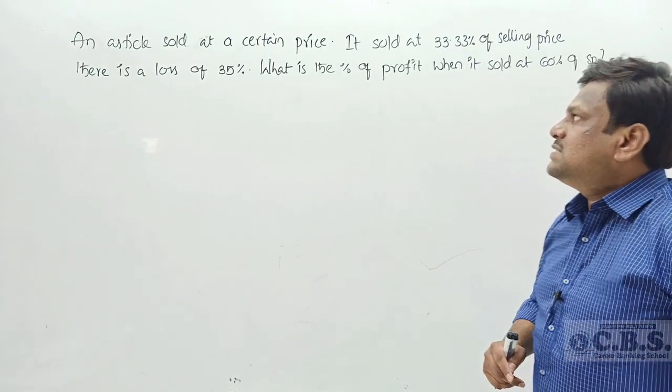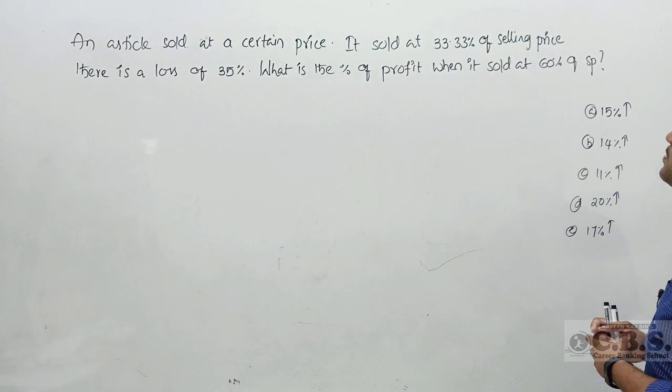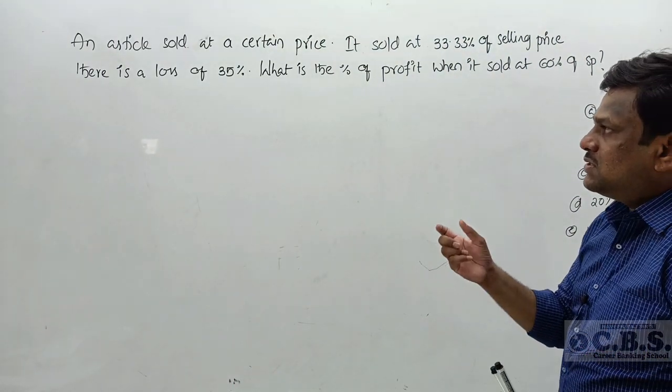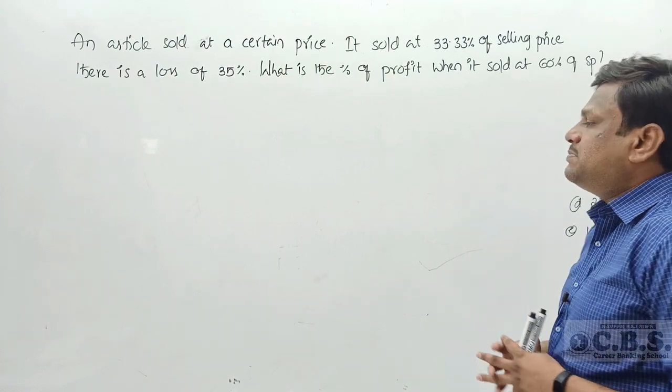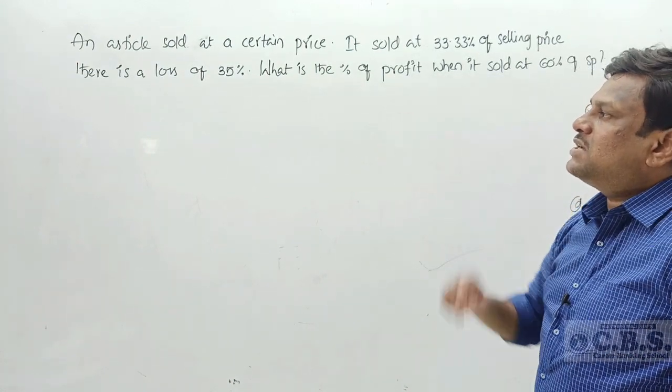An article is sold at a certain price. When it is sold at 33.33% of the selling price, there is a loss of 35%. What is the percent of profit when it is sold at 60% of the selling price? Once again, I repeat the question.